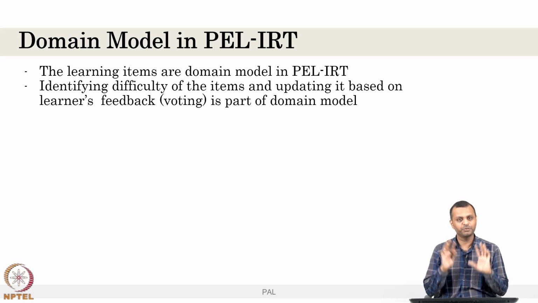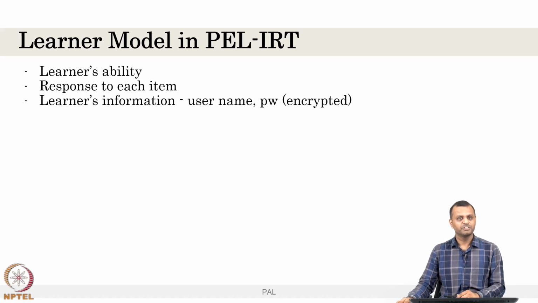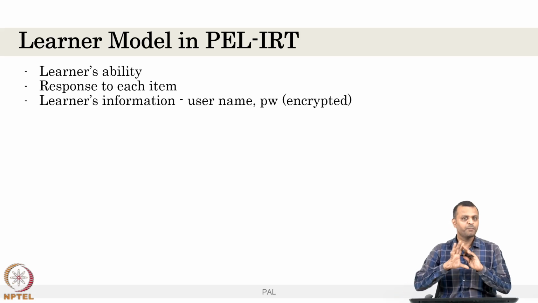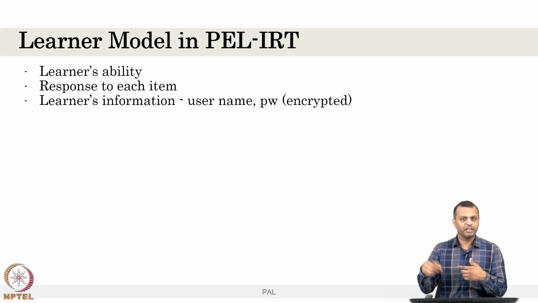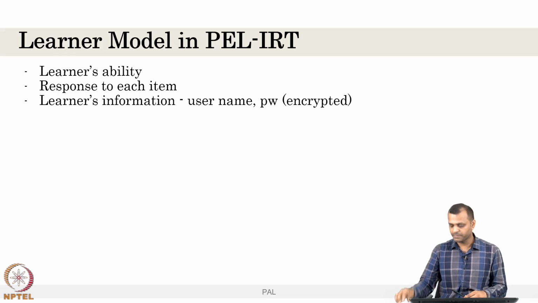The idea is to compute theta using the learner's response and the item difficulty. So the learner's ability, responses to each item, everything needed, that's all the learner model. Those are two things you have to understand. The domain model is fixed. For example, each item has a fixed difficulty level. But the learner model adapts and changes based on the learner's ability.